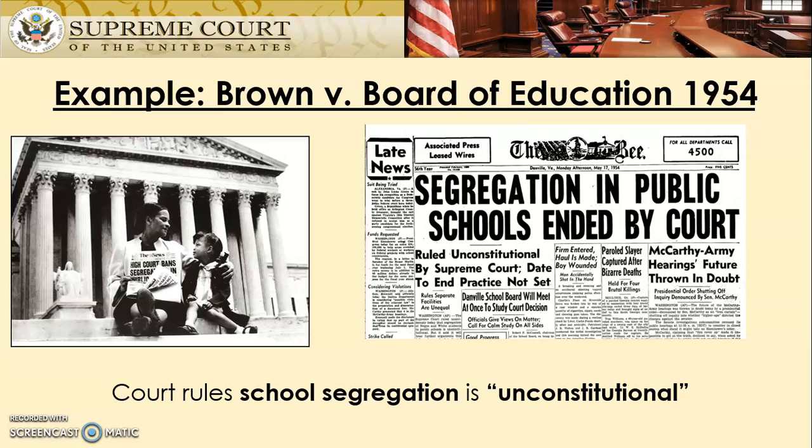And when you separate students by race, that is inherently unequal. So the idea of keeping different schools segregated by race was thrown out and shown to be unconstitutional due to its inherent inequality that's embedded in those laws.